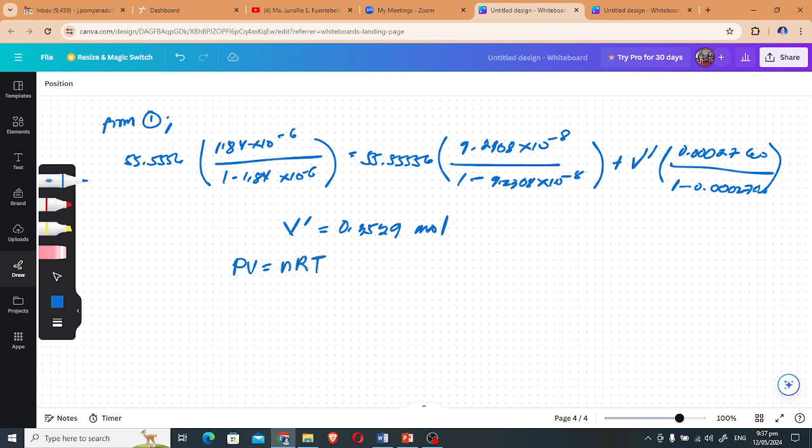So we have PV equal to nRT. We want the volume here. So volume is equal to nRT over P. Now substituting, the n that you will be using here is the n that we got in here, the V prime.